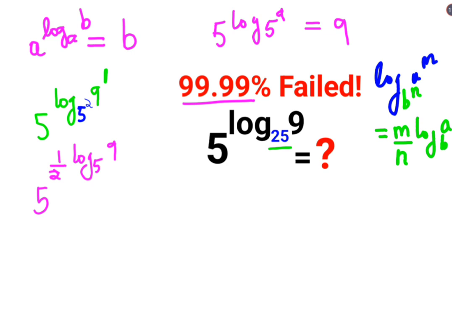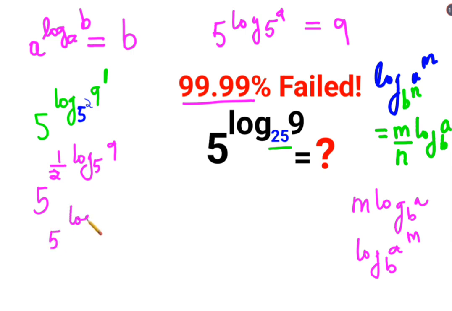Now we know that whenever we have m log a to the base b, we can even write this as log of a raised to m to the base b. So let's do that. So we have 5 log of 9 raised to half to the base 5.